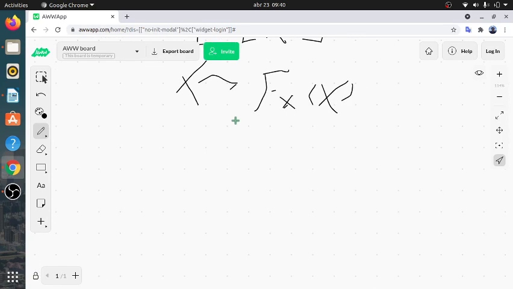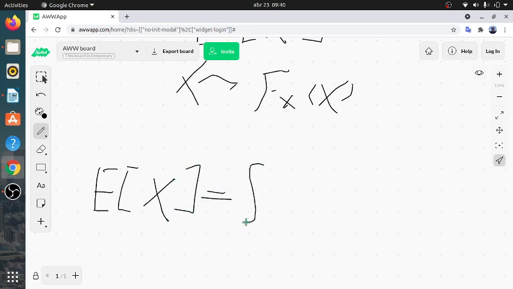There are basically two ways to make this calculation for the expected value. The first one is like this: the expected value of a continuous distribution is the integral from minus infinity to plus infinity of x, every point that we are testing in the distribution, times the image of that point in the function.